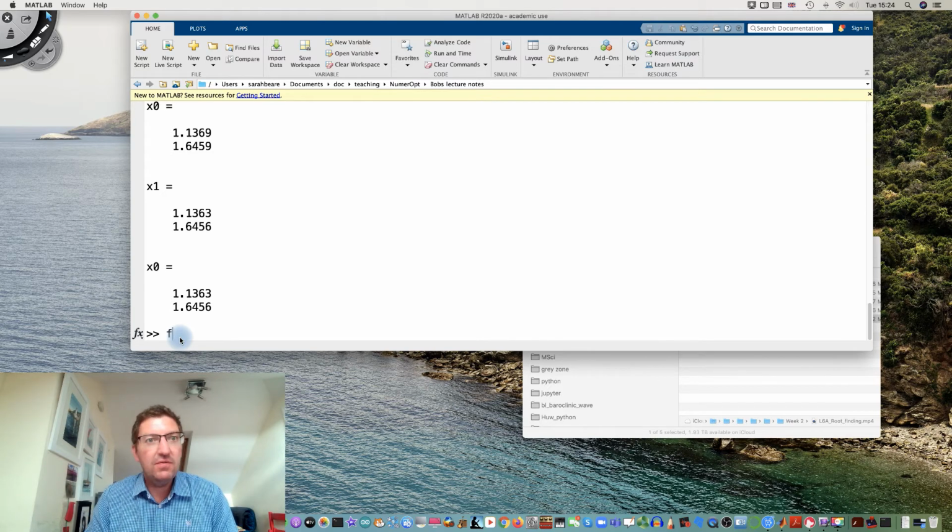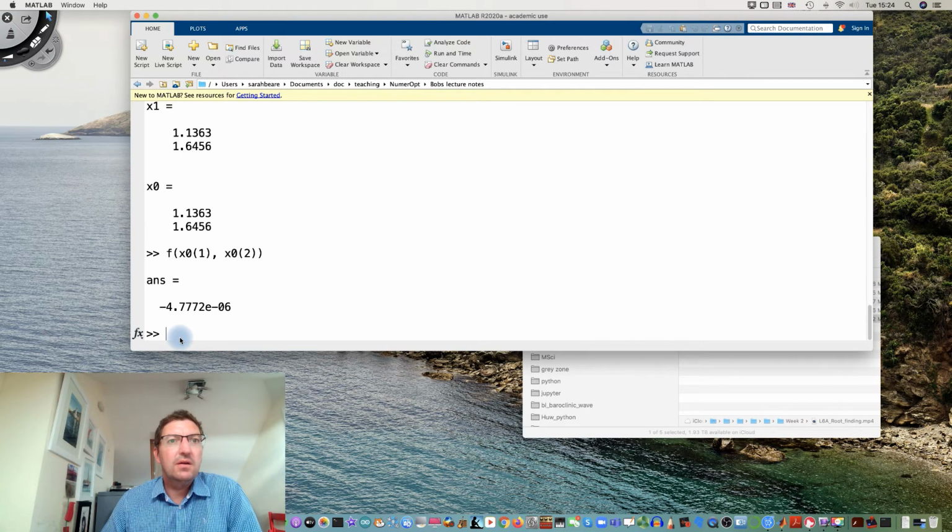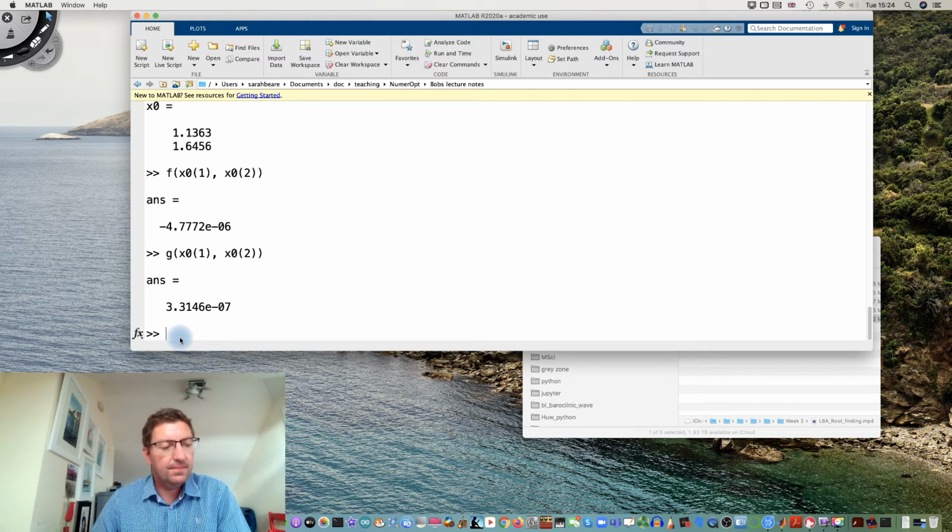So we can actually just evaluate f of x and y. So if we do f of x naught 1, f of x naught 2, which is the x and y values, we've got a very small value. It's 10 to the minus 6. All right, that's good, but we also want g to be 0. And indeed it is. So the root has been found.